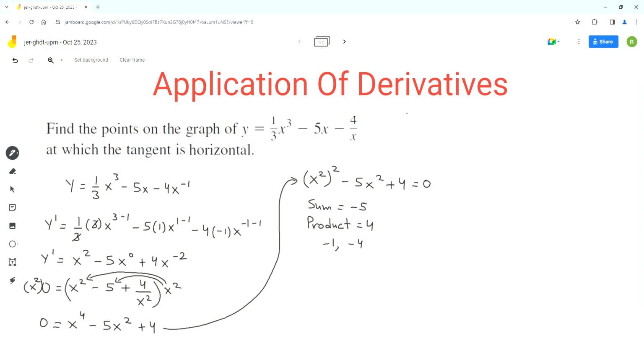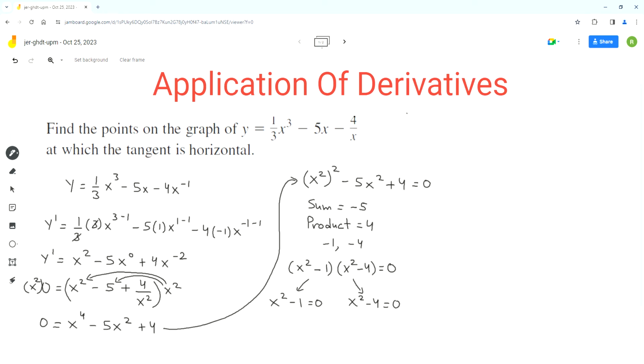So we can write the factored form as x squared minus 1 and then x squared minus 4 equals 0. So now we get two cases. The first case is x squared minus 1 equals 0 and the second is x squared minus 4 equals 0.